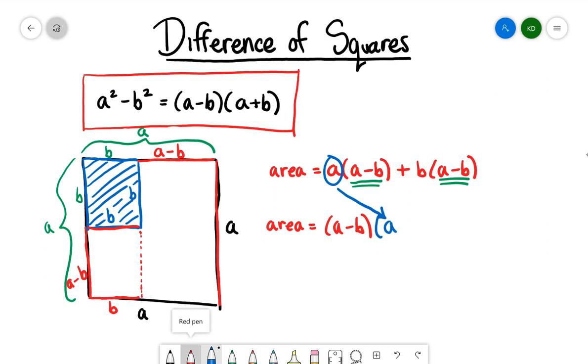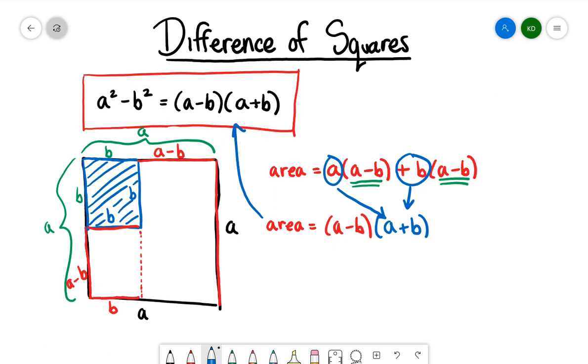When I factor it out of the second term, what I'm going to be left with is positive b, because b times a minus b divided by a minus b just leaves me with b. And what we notice is we get this formula here.